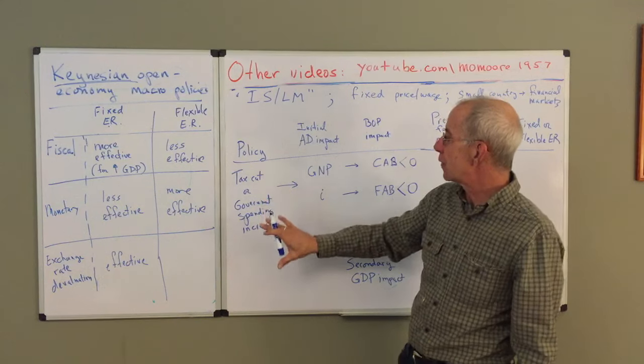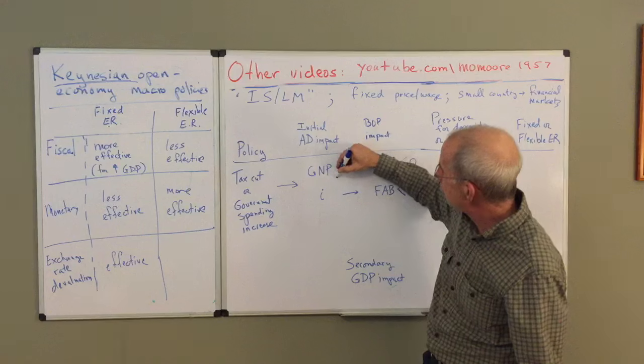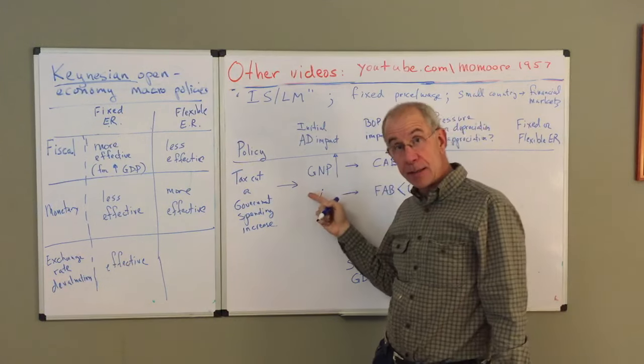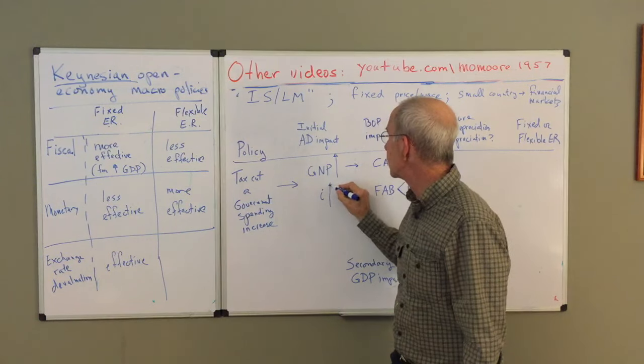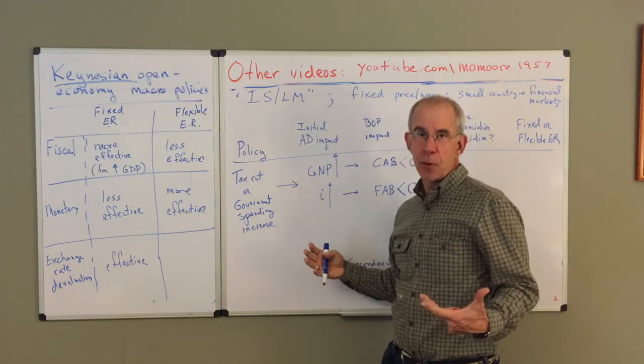As we've seen in an earlier video, a tax cut or government spending increase will indeed tend to increase aggregate demand, increasing GNP, and increasing interest rates.